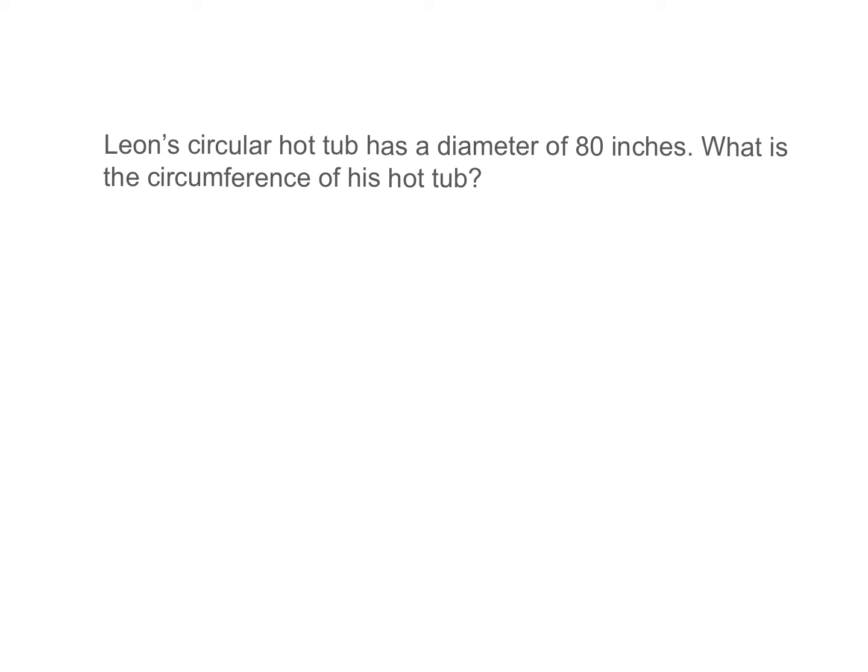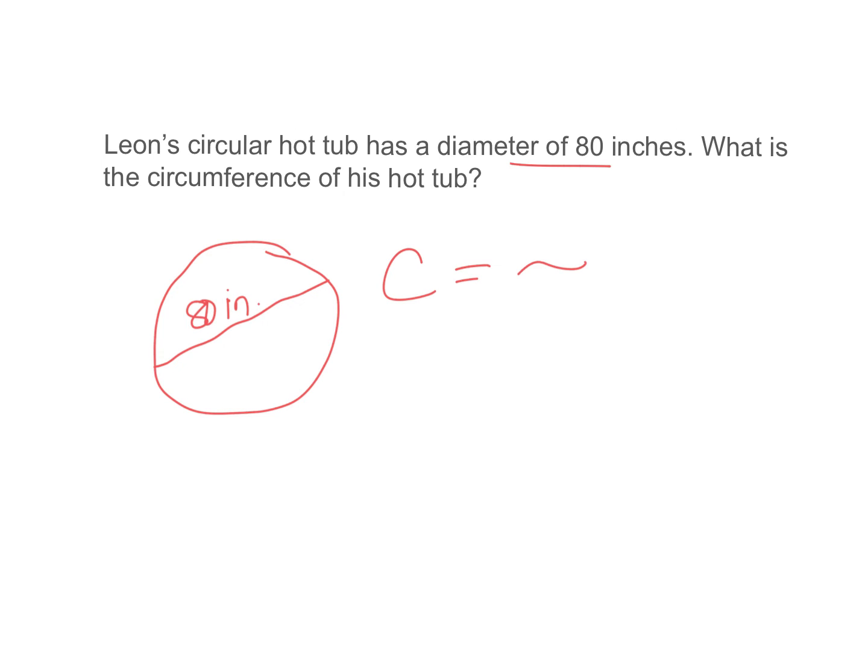Either way. Leon's circular hot tub has a diameter of 80 inches. What is the circumference of his hot tub? So I like to draw a picture. Of course, we're not going to draw a perfect circle, but it has a diameter of 80 inches. My diameter means that it goes all the way through. It's 80 inches. So I'm going to use C equals pi times diameter.